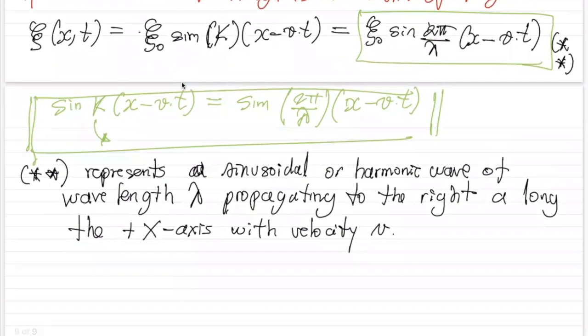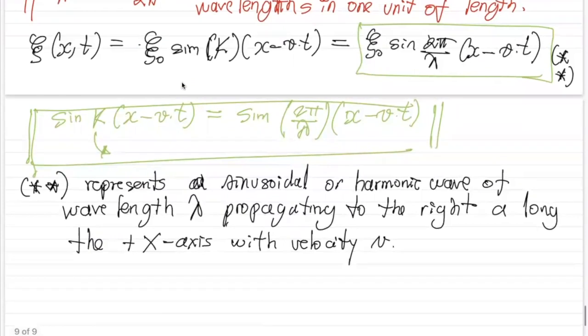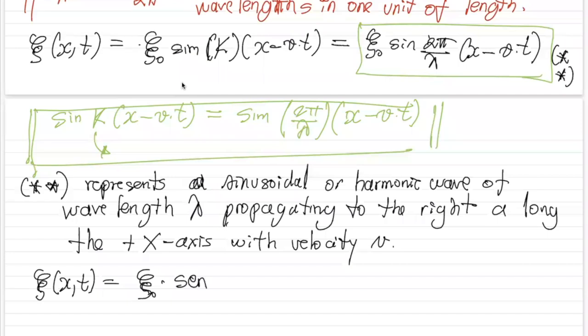So therefore, our final equation is y is equal to the amplitude times sine of k times x minus the angular frequency times t.